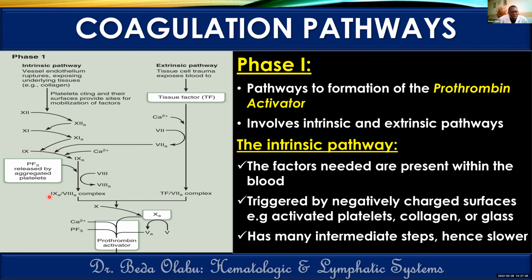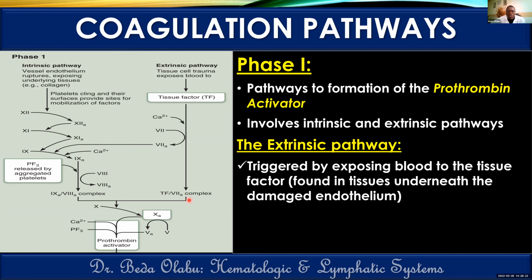The combination of factor 9 and factor 8 complex is what eventually helps in the activation of factor 10. And eventually the activated factor 10 requires factor 5, but fine, we lead to the formation of the prothrombin activator when we add calcium as well as other factors involved. That pathway is very long compared to the extrinsic pathway, which is a shorter step.